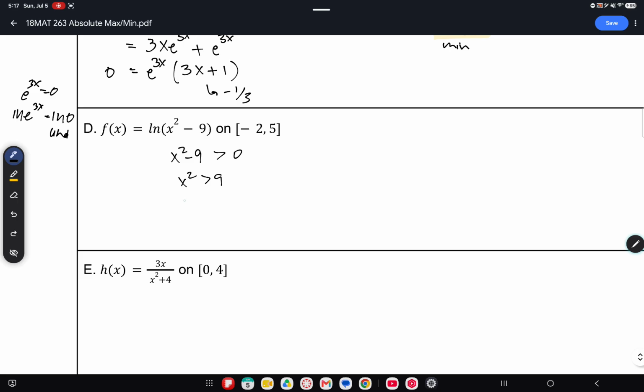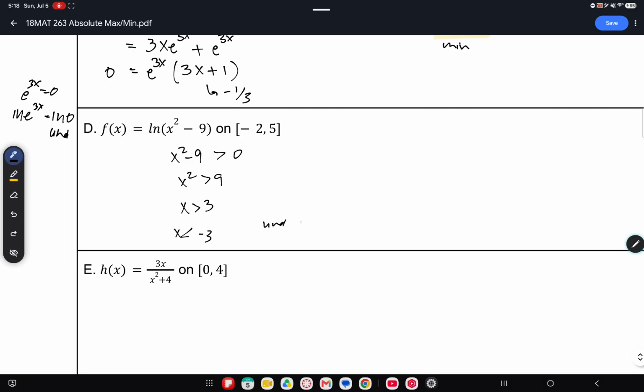So that means, and we got to think negatives as well, x would have to be greater than 3, right? And then if we think on the negative side, x would have to be less than or equal to negative 3.